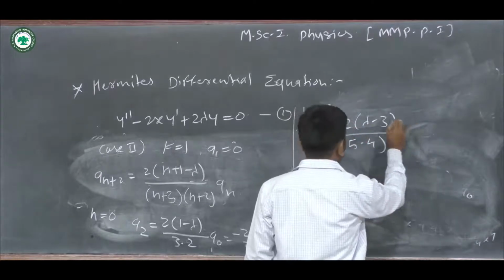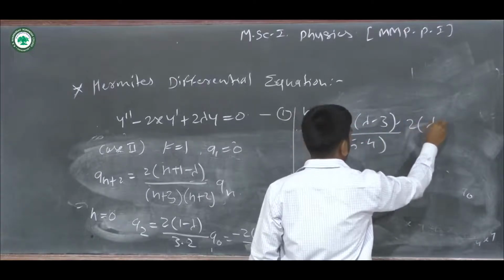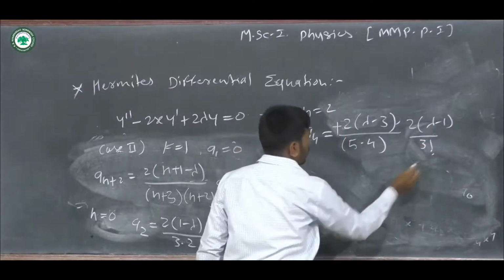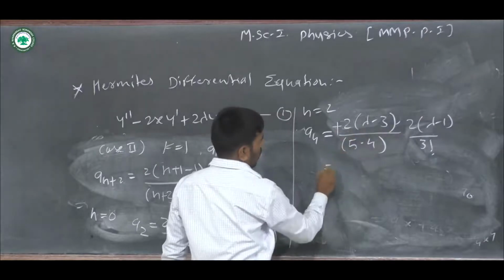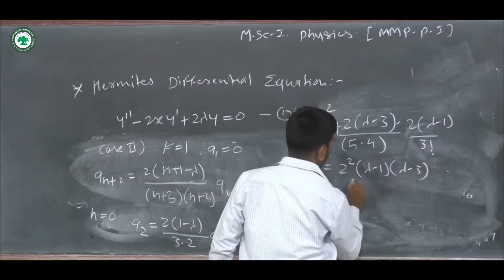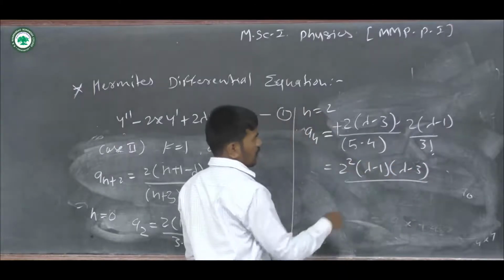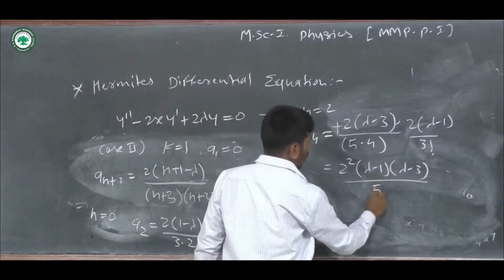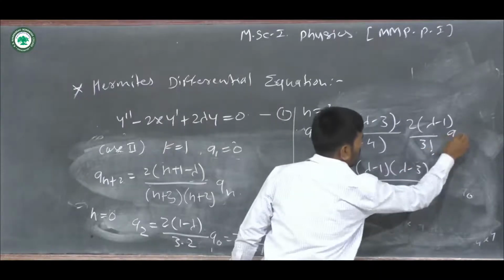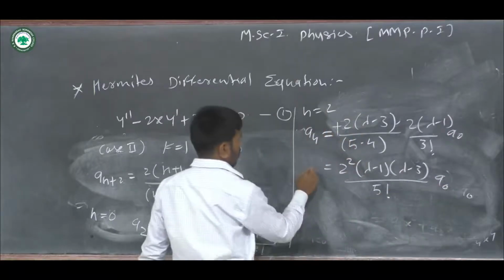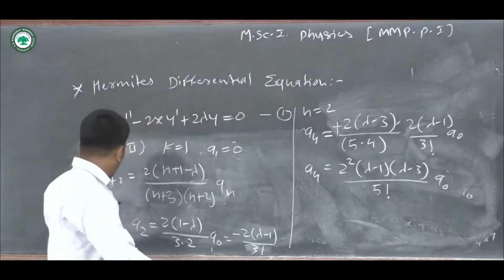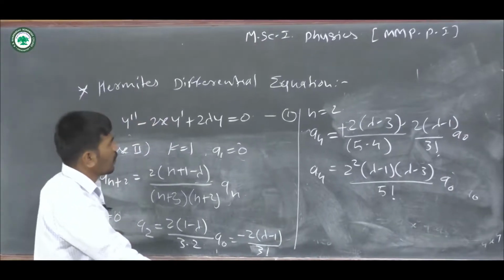And this we can write like this: 2^2 into (lambda minus 1) into (lambda minus 3) divided by 5 factorial, into a0. Okay, so this is a4. So we now have a0, a2, a4.